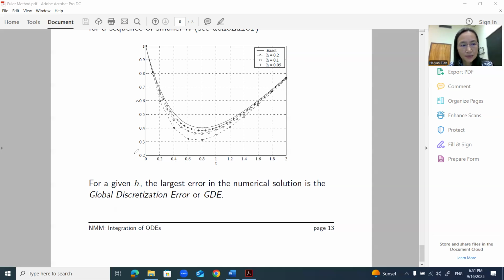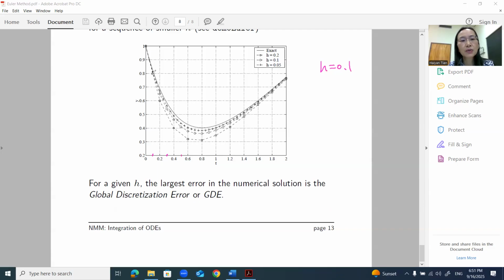but it seems we got improvement when we make the step size smaller. So let's look at another step size when the step size is half as before. Previously we used 0.2 and now we use 0.1. And that means you need to calculate the approximate y at 0.1, 0.2, 0.3, 0.4. So you will get more approximate y values.